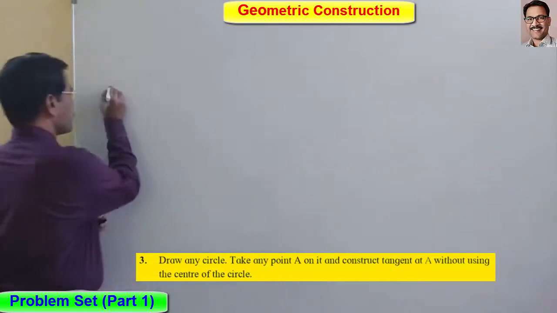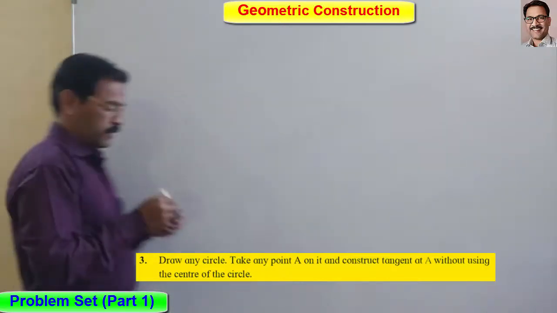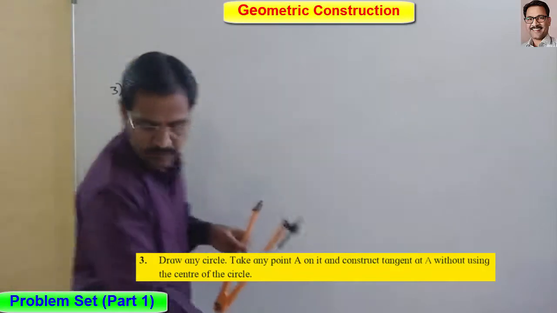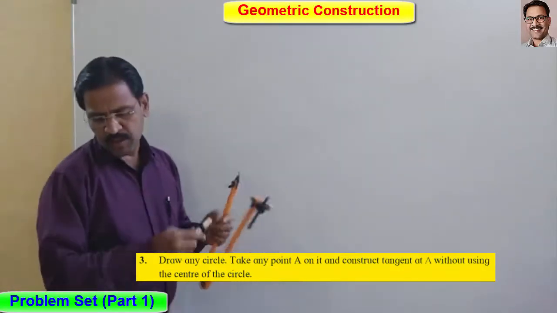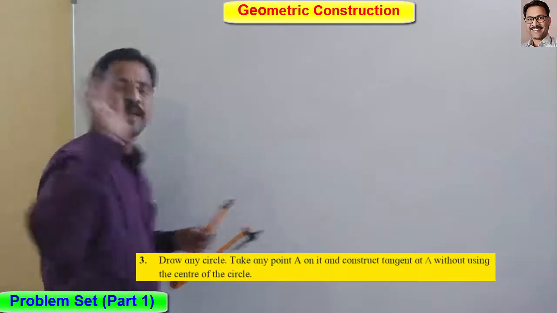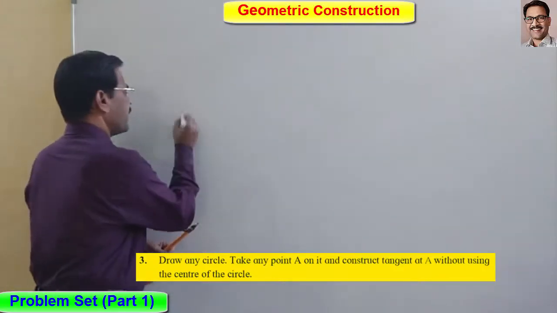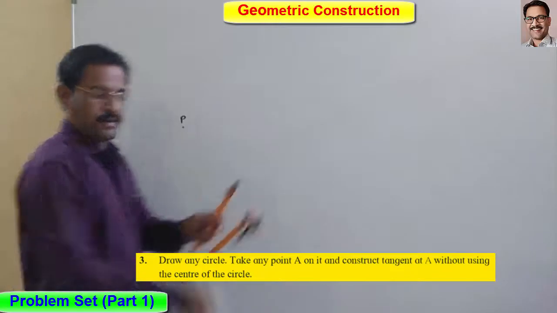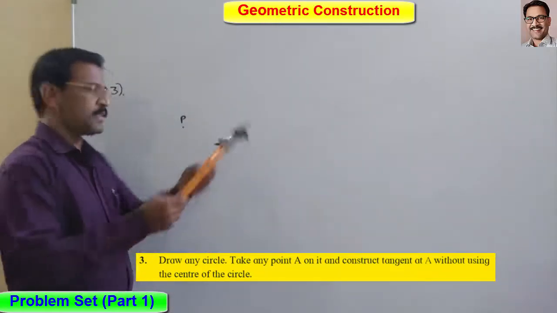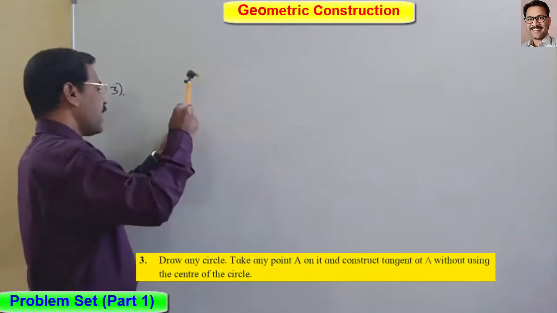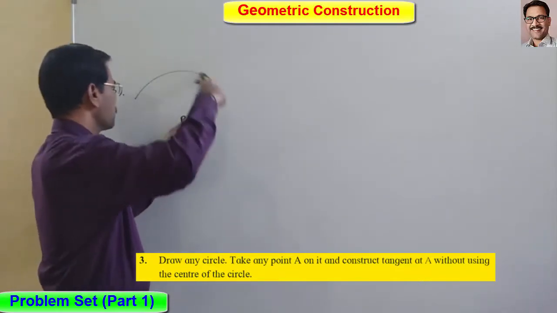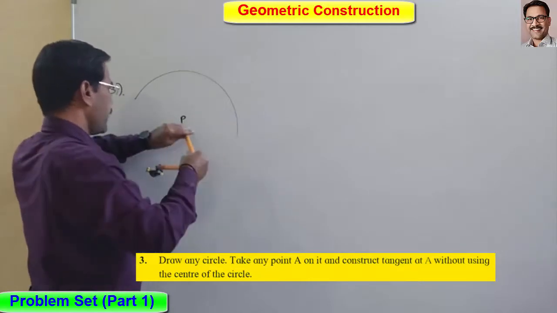See, first we'll draw the circle. The center is not given. I'll take center O here, or you can write any letter, P. So take any radius in the compass and try to draw one circle.